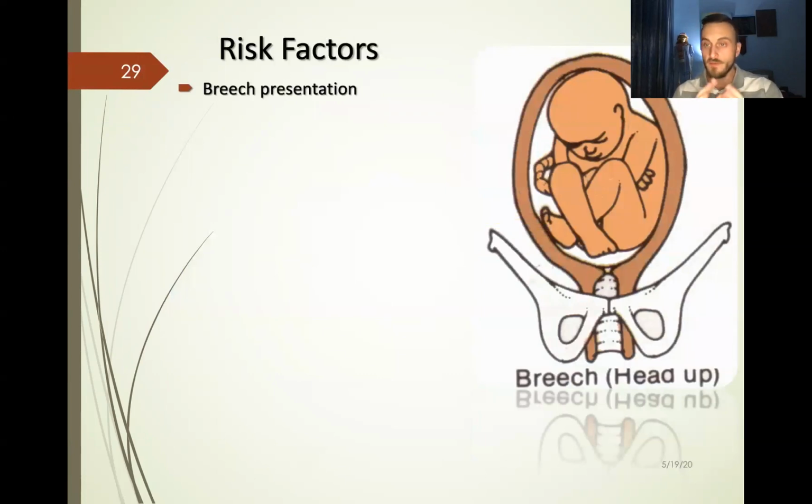It's very important to know the risk factors. When we want to do screening, we should sometimes be selective because it's costly to screen everyone. So what are the risk factors? Breech presentation, and it's the frank breech; in this picture it's a complete breech, but frank breech is the well-known risk factor.